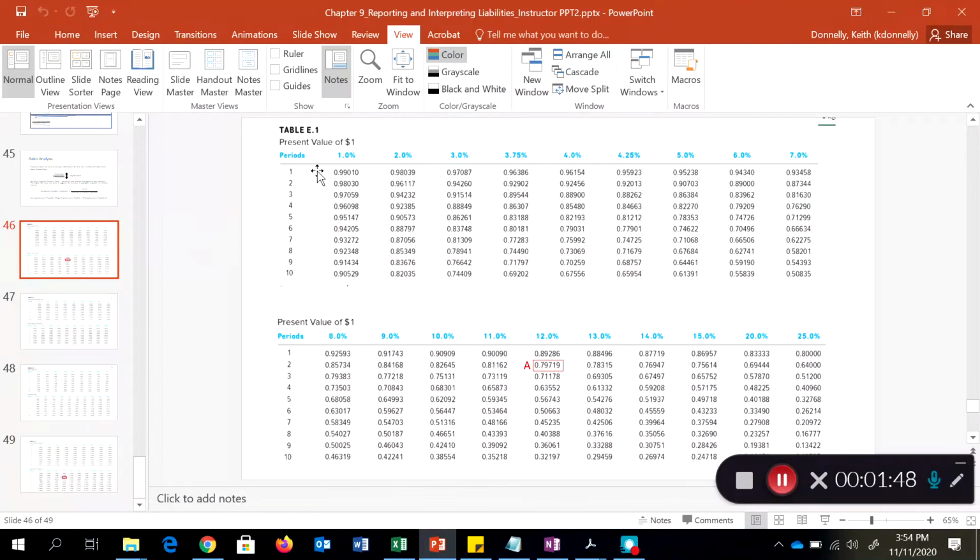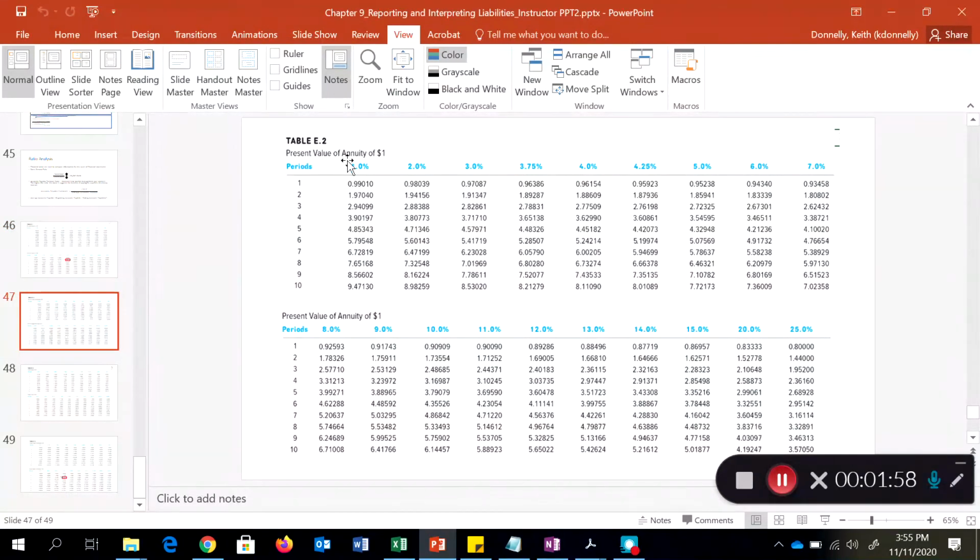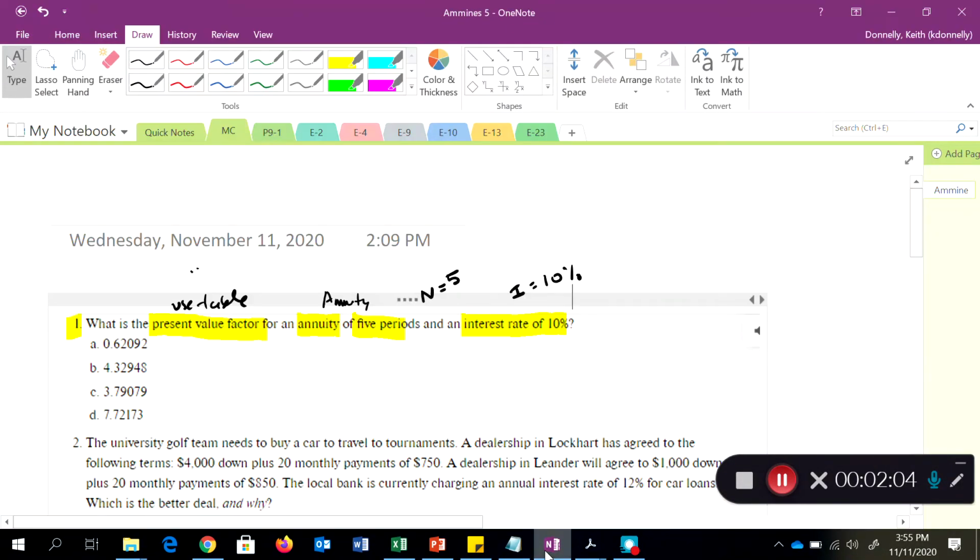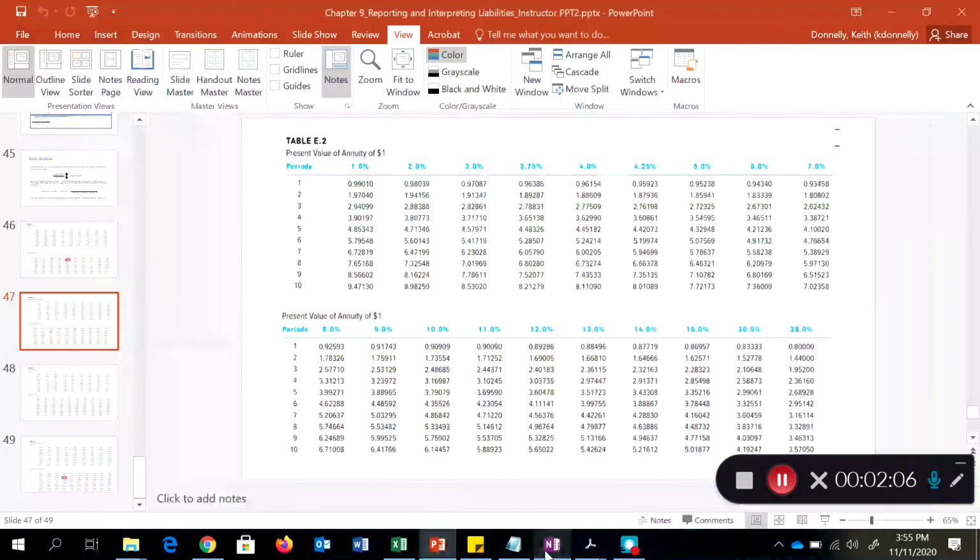So let's look here. We have the present value of $1. These ones are for $1. Then we have the present value of an annuity. And let's check out the facts here. So it looks like N is 5, I equals 10.